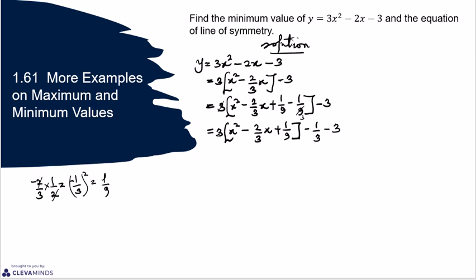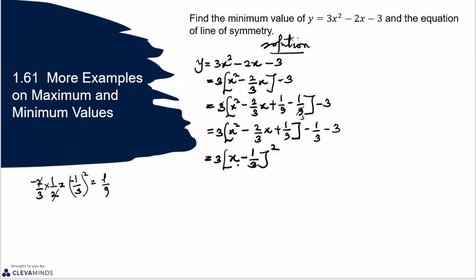The reason why I'm not using this 3 to multiply this, basically, is to make it look like a perfect square. So I'm going to write 3 into x, then we have, is it plus or minus? It will be minus 1 over 3, minus 1 over 3, all squared.